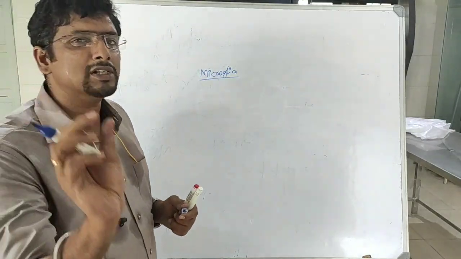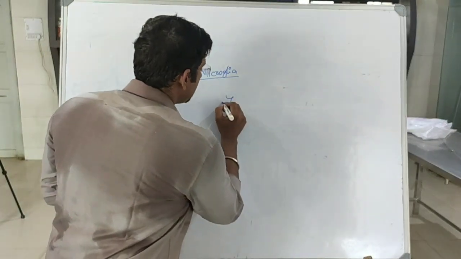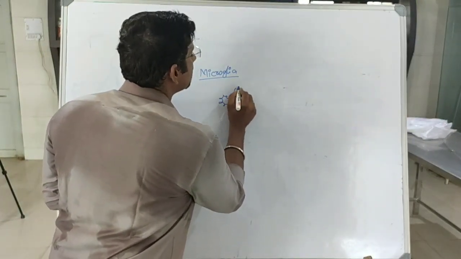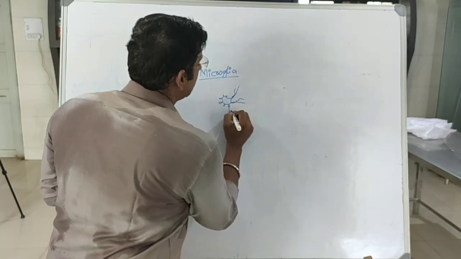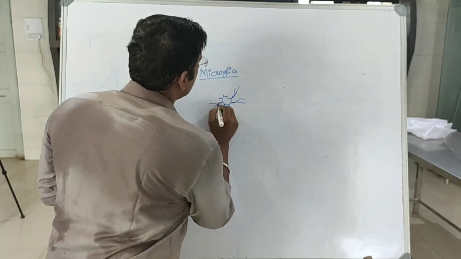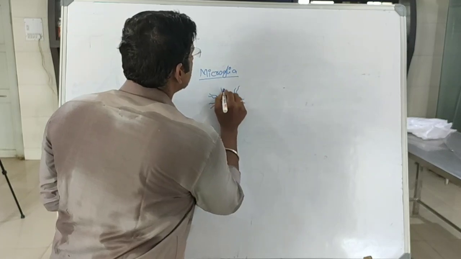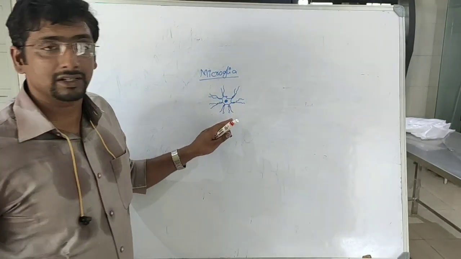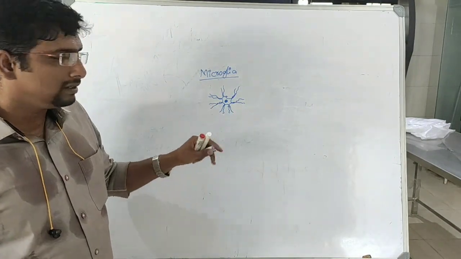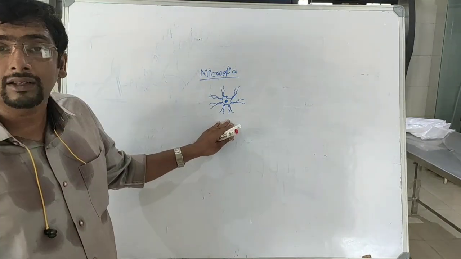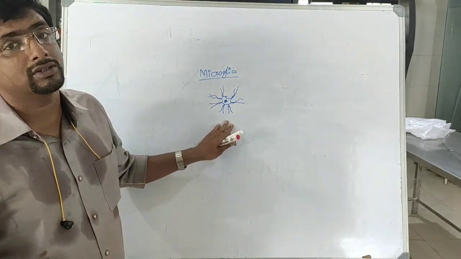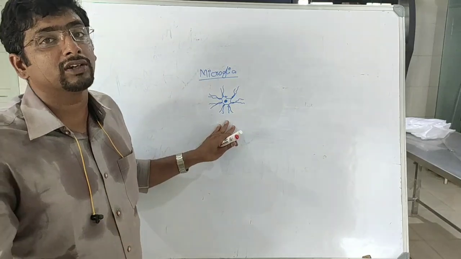Microglia are small cells having small processes, and the processes are curly or spiral in nature. These are the microglia cells, small cells present in the CNS. They do not actually originate from the central nervous system; they are not part of nervous tissue.